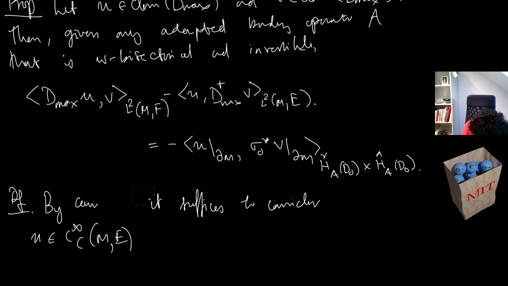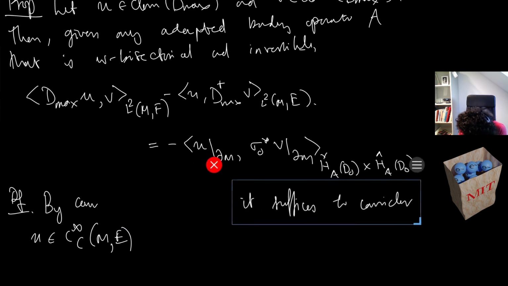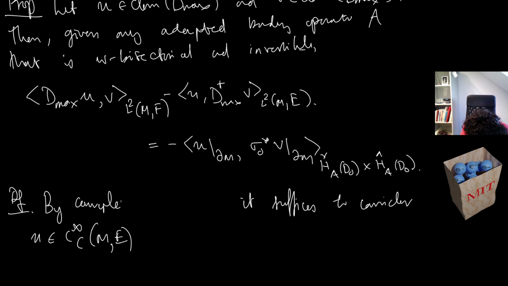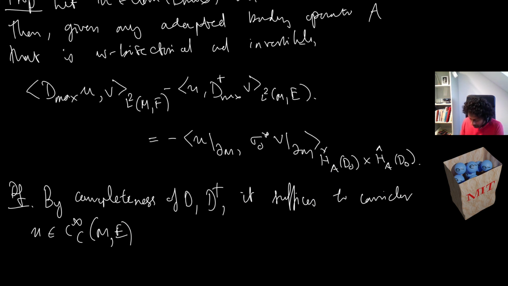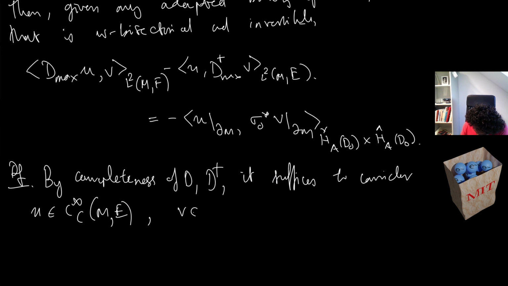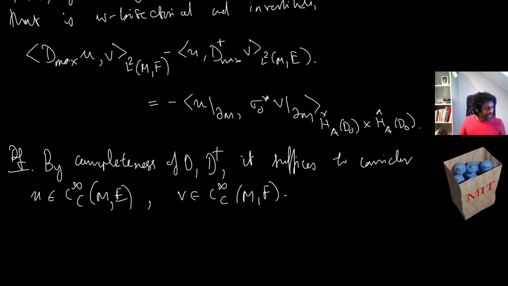Let me just be really explicit here: by completeness of D and D dagger, it suffices to consider u in here and v in C infinity C, M.